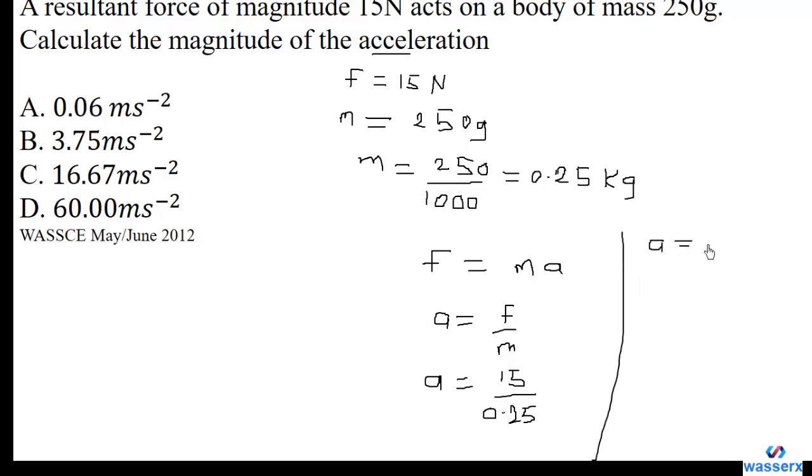So acceleration is equal to 15 divided by 1 over 4. Let's reciprocate and multiply by 4 to get 15 times 4, which is 60 meters per second squared. So the answer is option D.